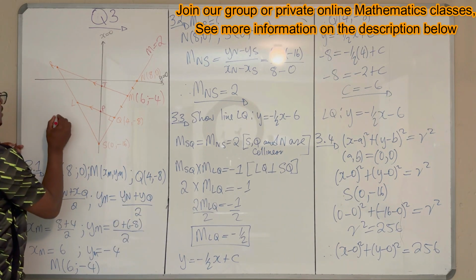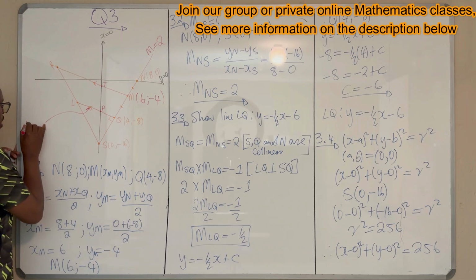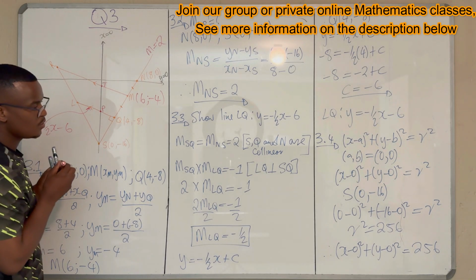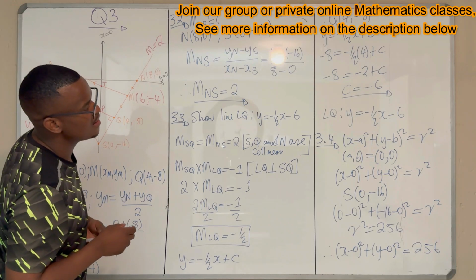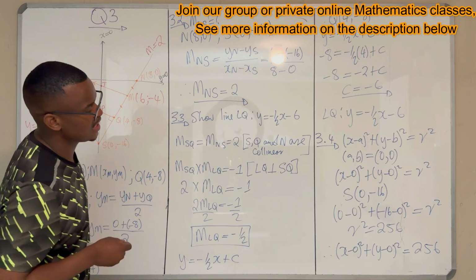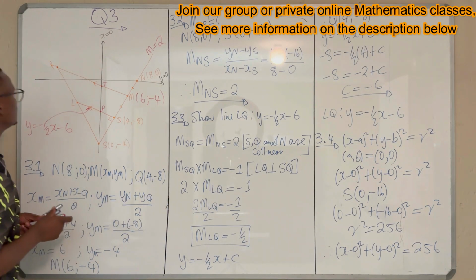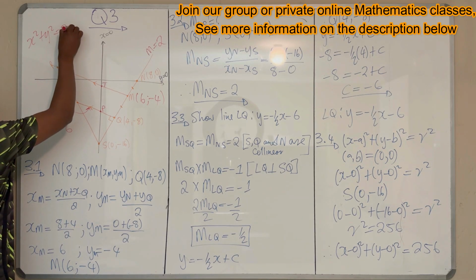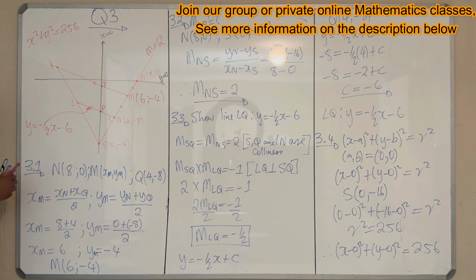The equation of this line is y is equal to minus half of x minus 6, right? What else do we have? We have the equation of the circle. Maybe I can write it here. We have x squared plus y squared is equal to 256, in case we need it. So let's clean the board, and then we do 3.5.